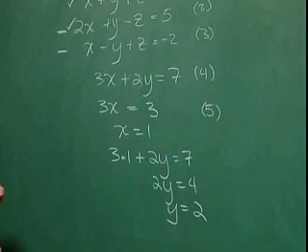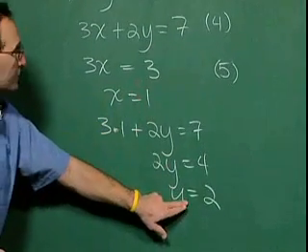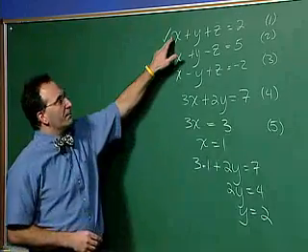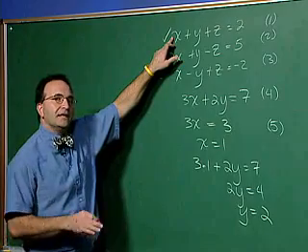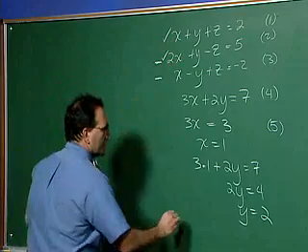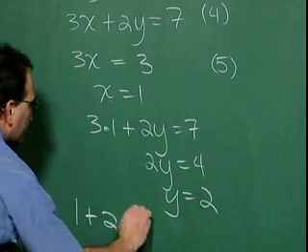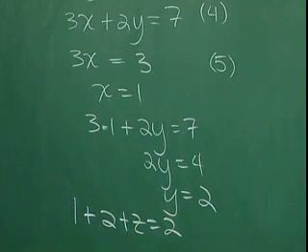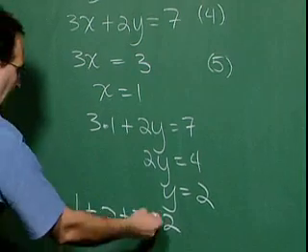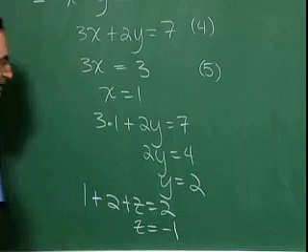And now what I can do is substitute x equals 1 and y equals 2 into equation number 1, and we'll be able to solve for z. So it's x, which is 1, plus y, which is 2, plus z is equal to 2. Add those 1 and 2, subtract 3 from both sides, and I get z is equal to negative 1.